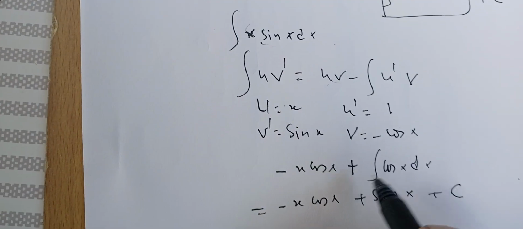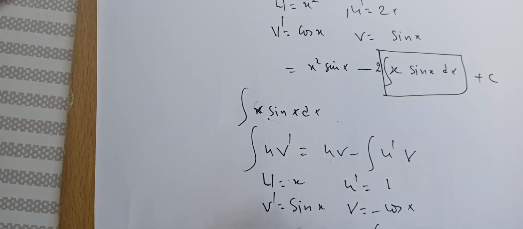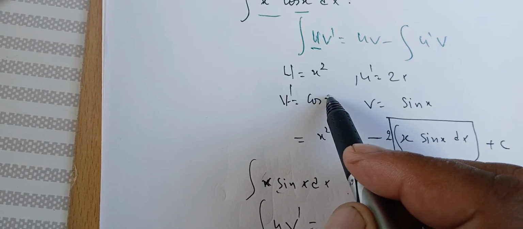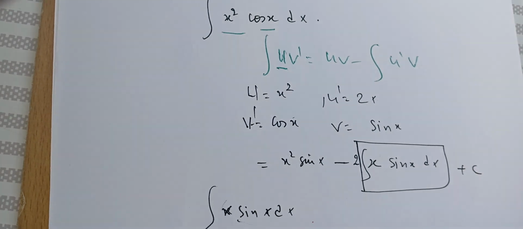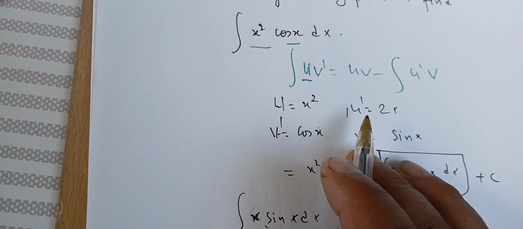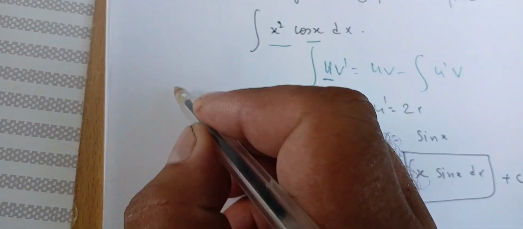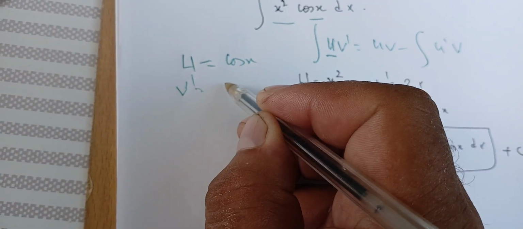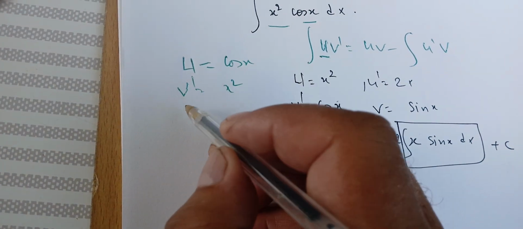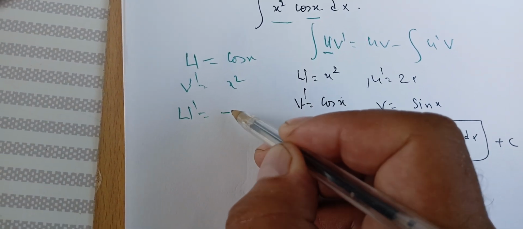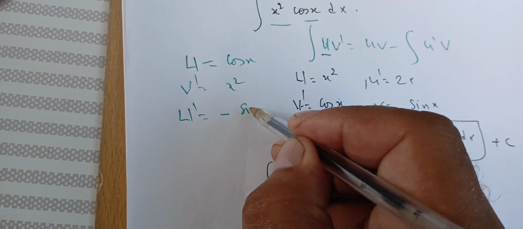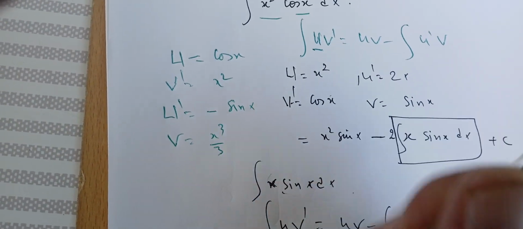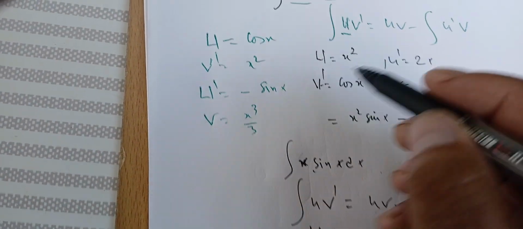Okay, so I see here, if I had done it the other way around, if I had chosen v prime as x squared, so let's do one quick example. If I had chosen u as the cosine and v prime as x squared, so I differentiate, I'm going to get minus sine x, and v is going to be x cubed over 3, and therefore I have this one here.